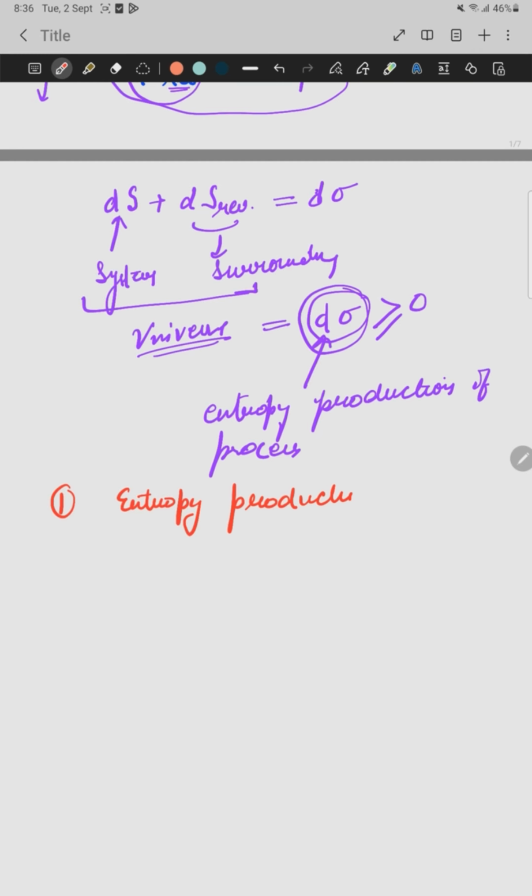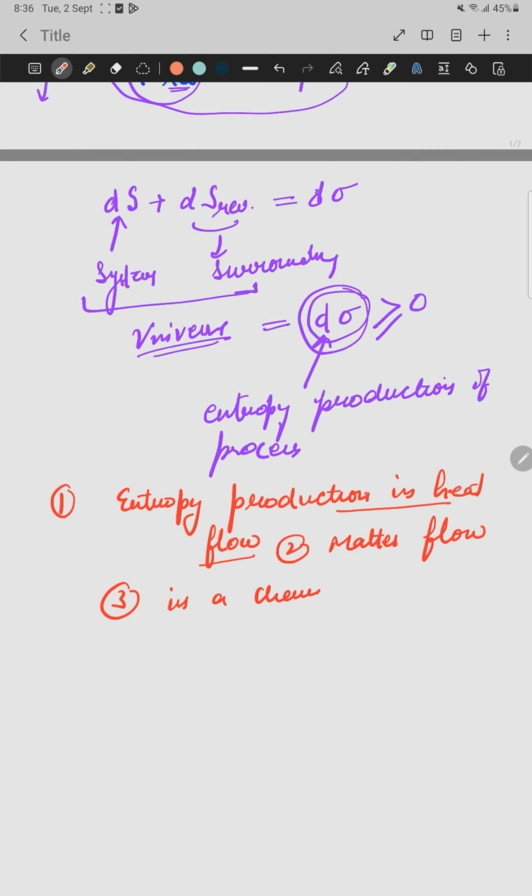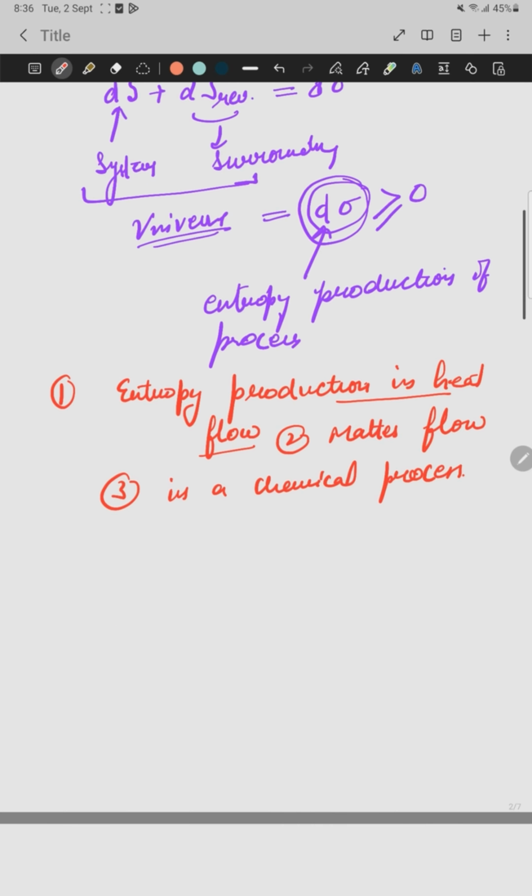We study three types of flows: heat flow, second matter flow, and third a particular chemical reaction, or chemical process. We will derive the expressions for entropy production in all these three types of flows. So let's start first with the heat flow.